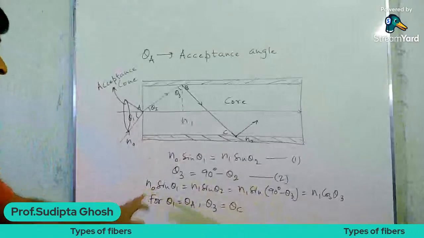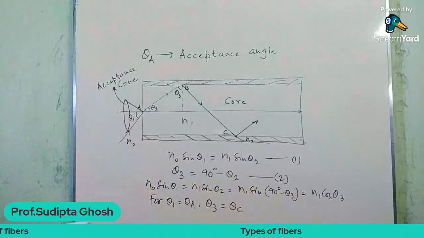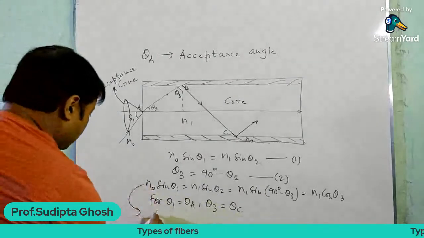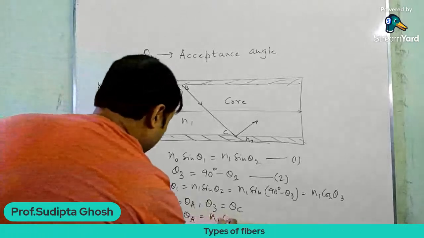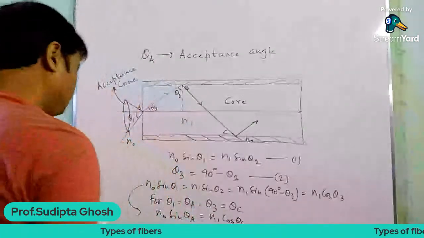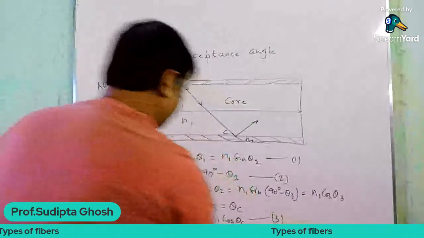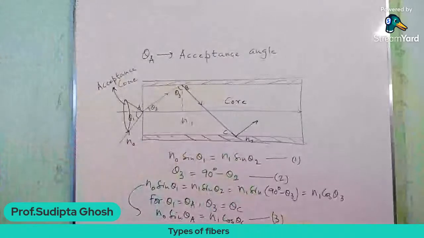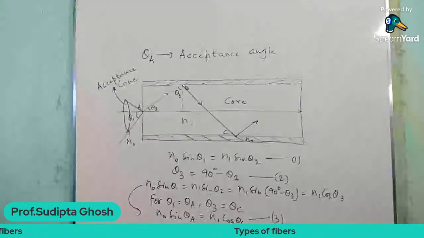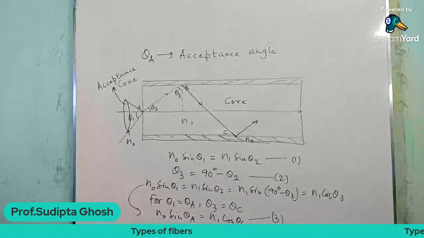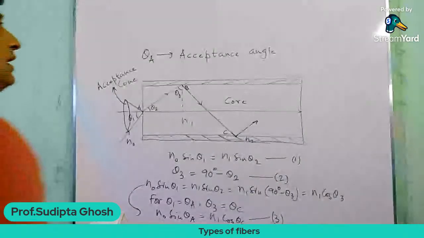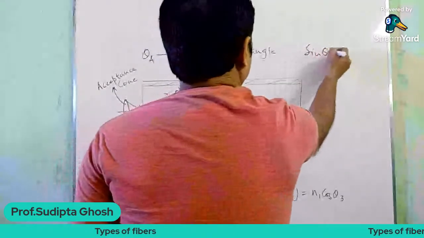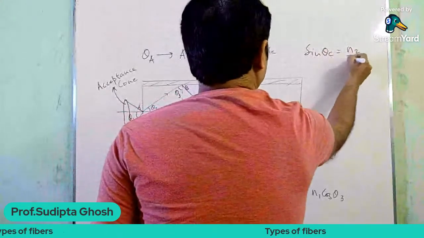So we have n0 sin theta A, so this equation becomes n0 sin theta A equals n1 cos theta C. So this may be equation number 3. Now, as we know again from Snell's law, sin theta C can be written as n2 by n1.